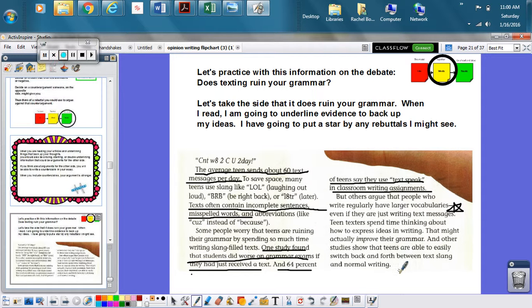And they also had me star that the opponents will say it is easy to switch back and know the difference. Even though this point here is contradicting this point here, what we're doing right now is just collecting our text evidence. So as you can see, I've underlined things that square with my belief that texting ruins your grammar, and I have starred things that my opponent might say on the other side, that texting does not ruin your grammar.